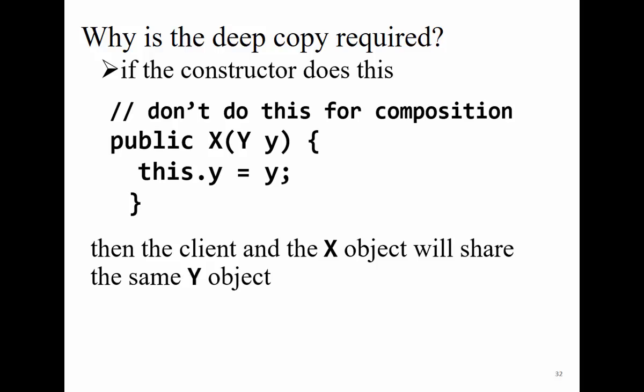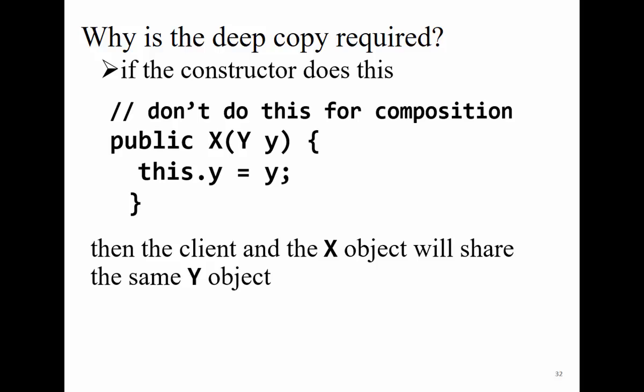What is the behavior of this assignment? It simply goes to Y. Where does Y live in the memory? At address 500. So this.y equals 500. The Y object in the parameters at address 500 and this.y are both pointing to the same copy, which is not a composition then. This is an aggregation. We do not do this in composition.